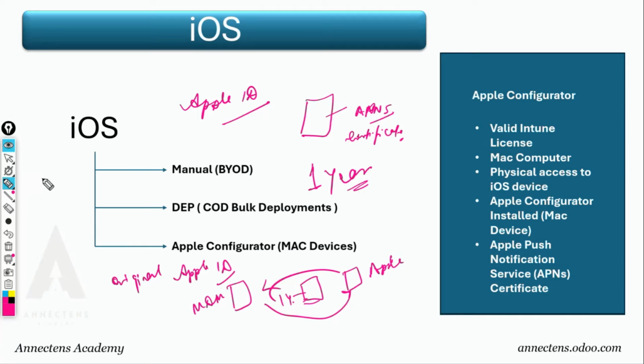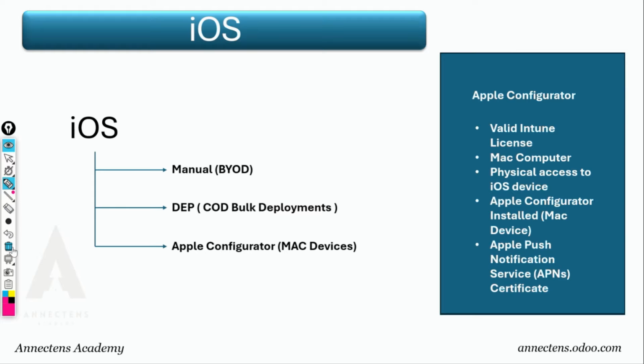So licenses, either you can have a direct Intune license, or you can have EMS E3 or E5 licenses. These licenses will work in setting up all these iOS devices. Okay, so I hope everyone is clear about it.